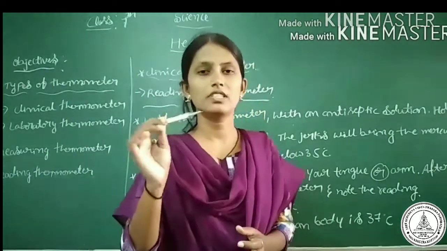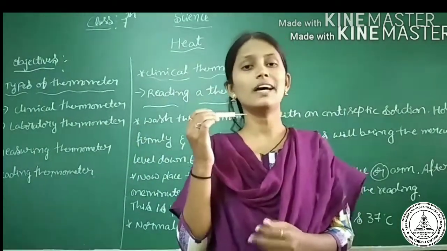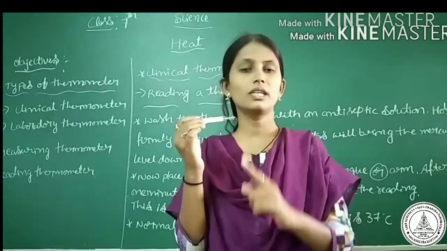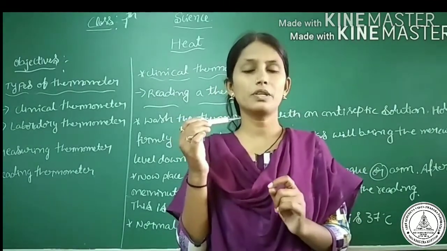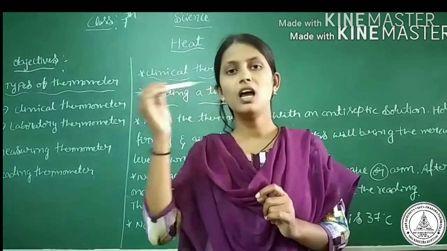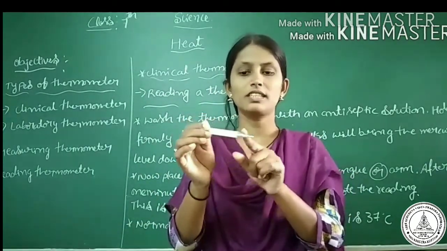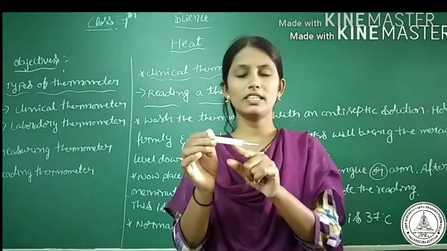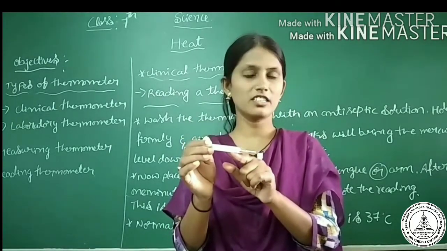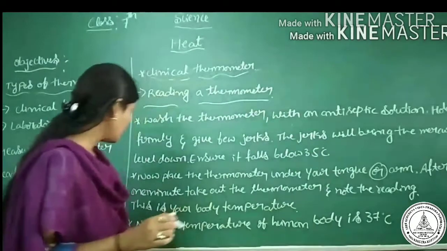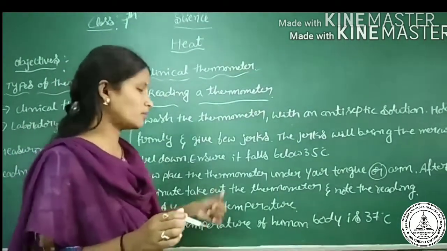So after keeping this thermometer under the tongue or arm for 1 minute, you have to take it out. Later, you have to observe the thermometer reading, up to where the mercury level reaches. So this is your body temperature.